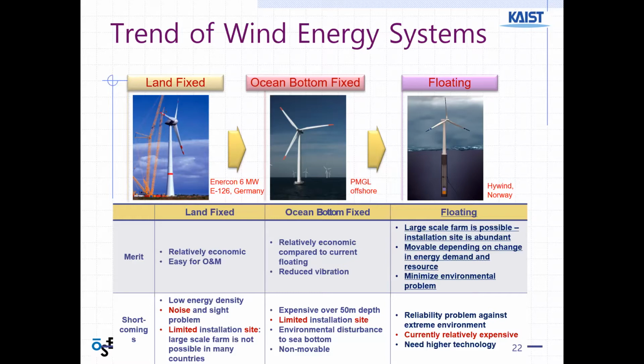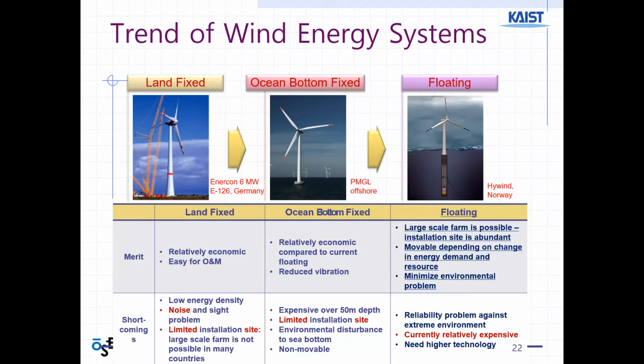Then the right-hand side is going to be deep water, far away from the land. There are advantages and disadvantages written on the bottom side, and you can see the red colored ones for the land fixed: the noise and the site limitation, the area.